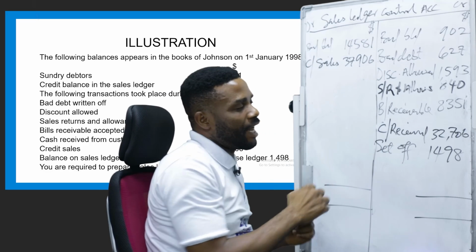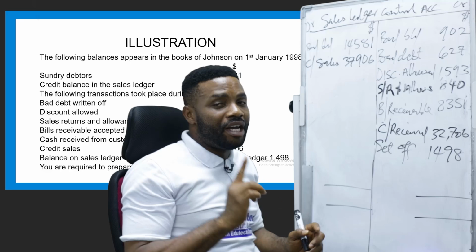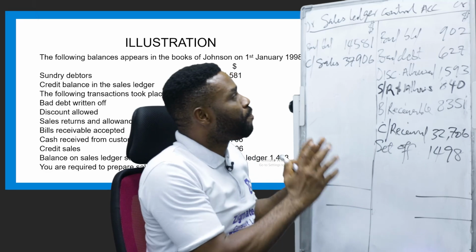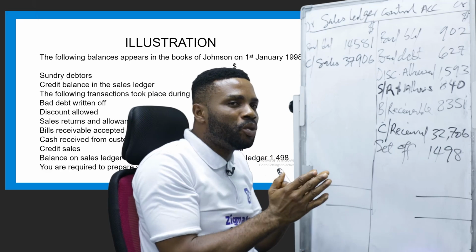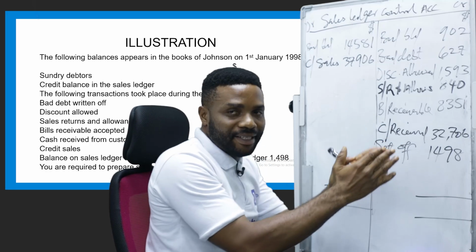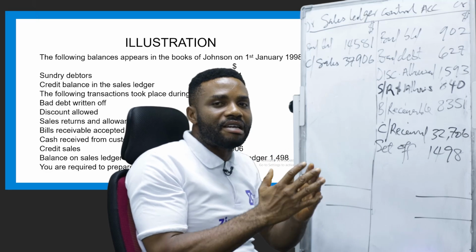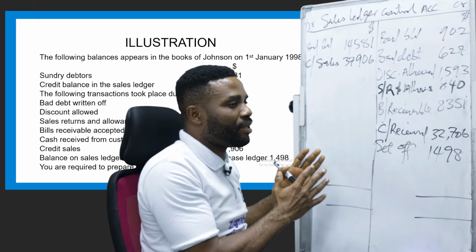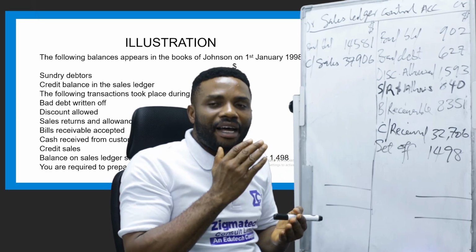But before we do the addition, please, I want to remind you, remember I have explained that everything that will reduce the indebtedness of our customers will be on the credit side, while things that will increase their indebtedness will be on the debit side. Please, this is our anthem.